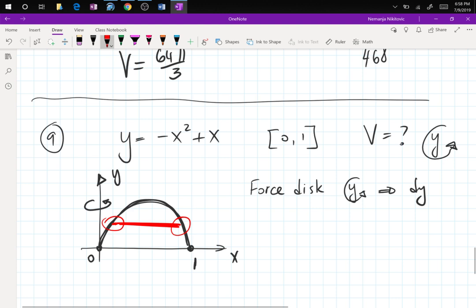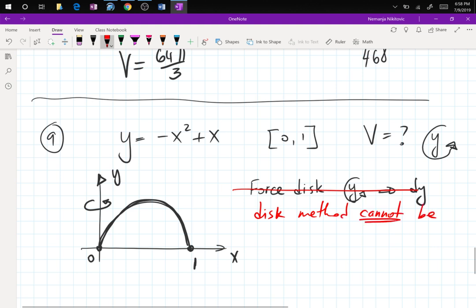There's nothing to compute. So it cannot be set up at all as a disk method. Disk method cannot be used here, meaning this problem.